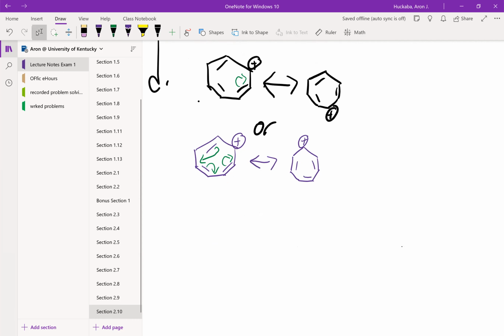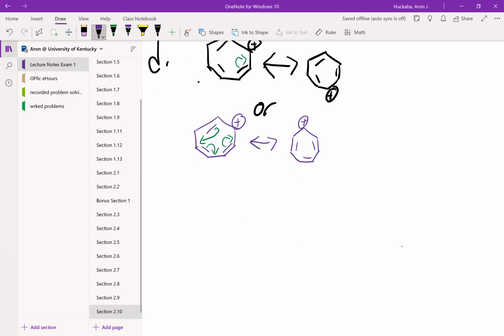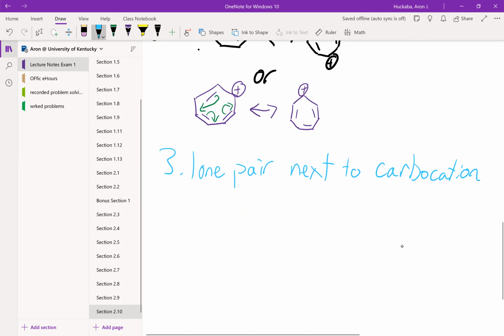Okay, so now the next example we have, number 3, is a lone pair next to a carbocation. Okay, and in this type of example, it's fairly straightforward. It's actually very similar to the one that I used in the very beginning example, which is, let's say you have this type of molecule.